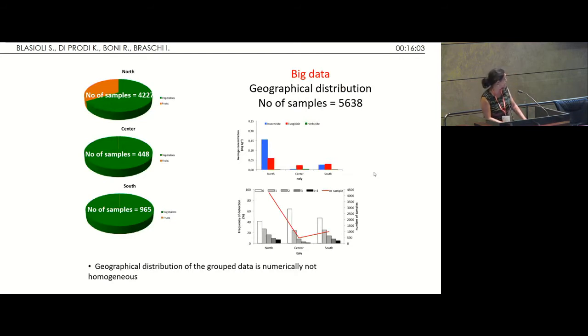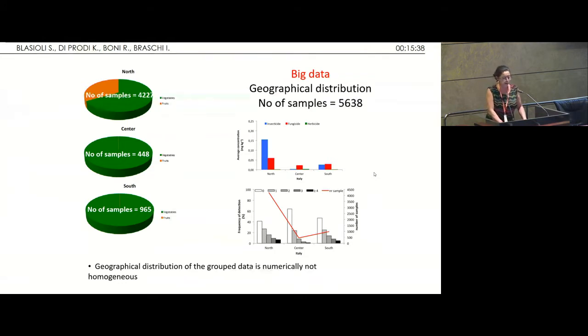Here we are looking at the grouped data. As I told you, we have a geographical distribution which is not homogeneous. In fact, we have more than 4,000 samples coming from the north of Italy, just a few samples, 400, from the center, and about 1,000 from the south.